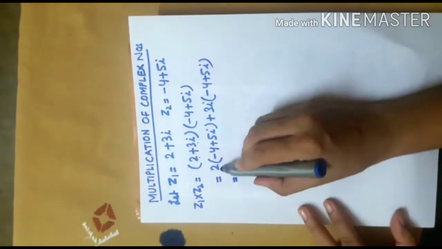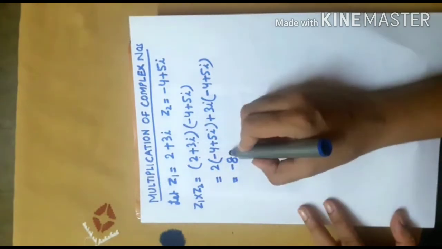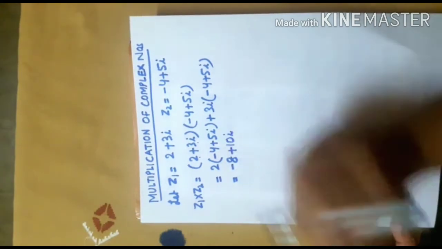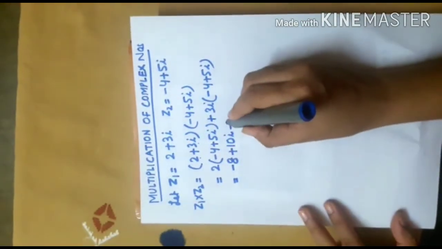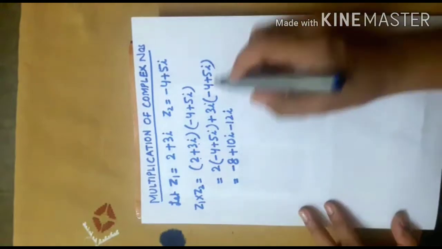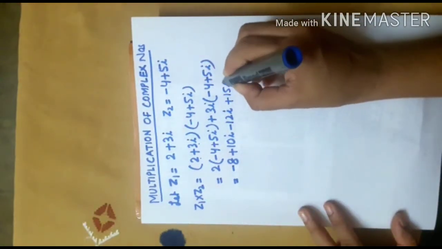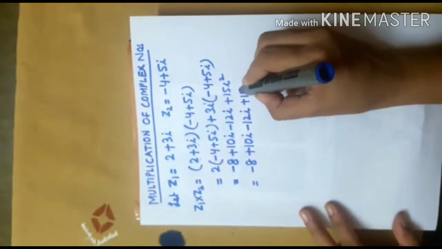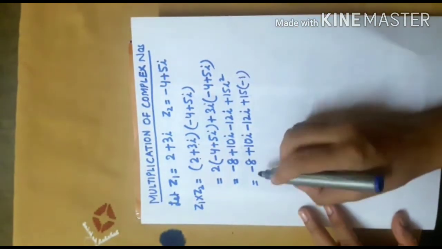Now open the bracket. 2 into minus 4 will give you minus 8. 2 into 5 iota will give you 10 iota. Here 3 iota into minus 4 will give you minus 12 iota, and 3 iota into 5 iota will give you 15 iota square. It's minus 8 plus 10 iota minus 12 iota plus 15 into minus 1, because iota square is minus 1.